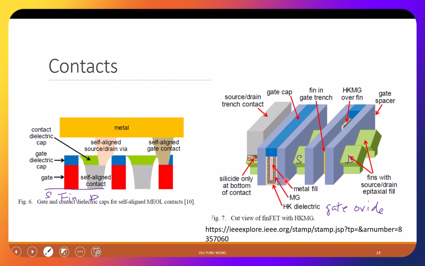Now, because of the process, if you cut in this way, you will see this oxide. Just think about when I deposit oxide, you will deposit everywhere, not just on top of this yellow one, but also on this side wall. Yeah, and then I deposit metal, again, not just on top of the yellow one, also side wall. That's why you see this when you cut it. Just like the cake, tiramisu or something.